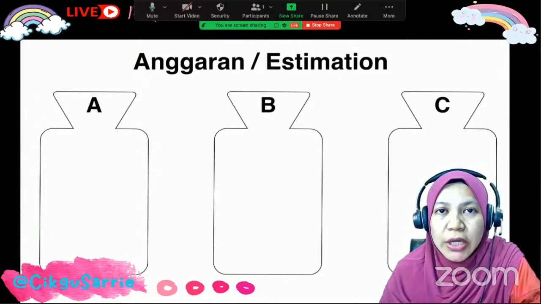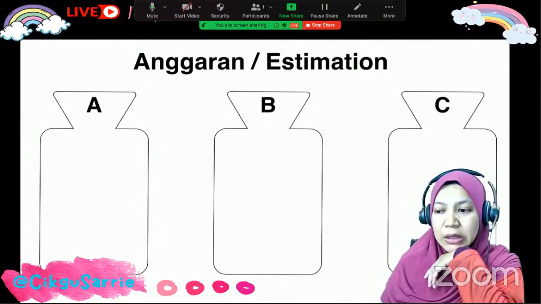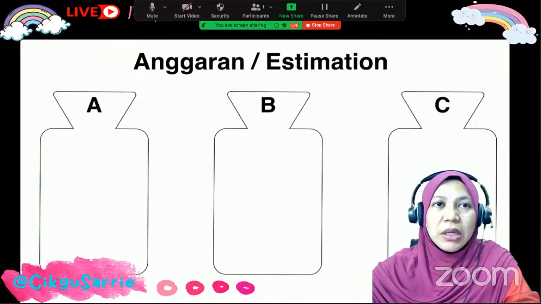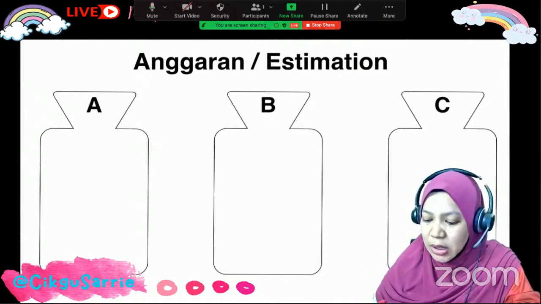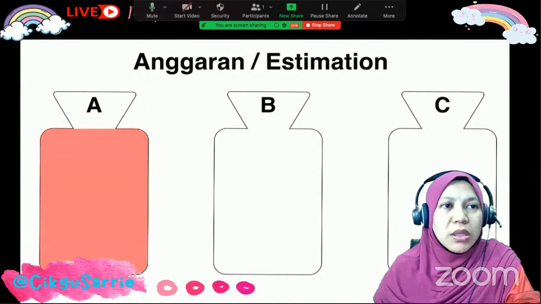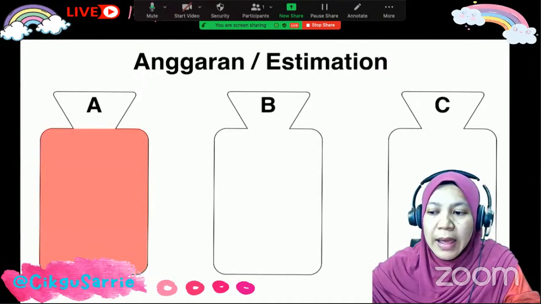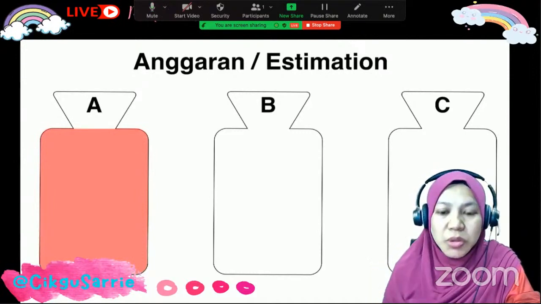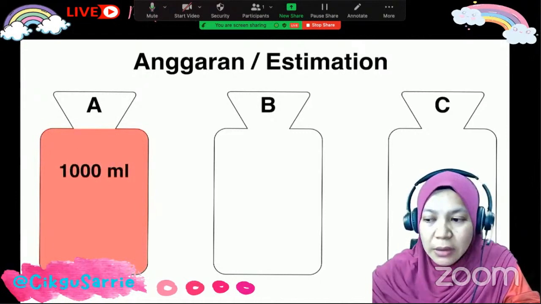Okay, look at the diagram at the back. There are three water tanks, which are A, B, and C. The water in tank A is full, and the volume is about 1,000 milliliter.